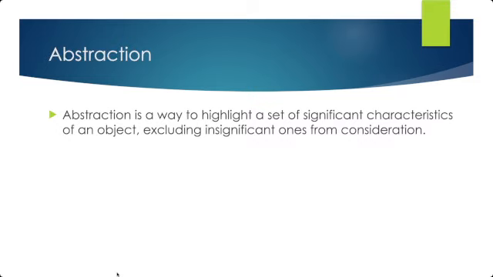Abstraction means that we focus on the important details and hide everything else. In the first lesson, I already told you that a human can remember only 7 things at one time, not more than 7. Abstraction helps us to reduce the number of things which we need to store in our memory. That's why it's so important.